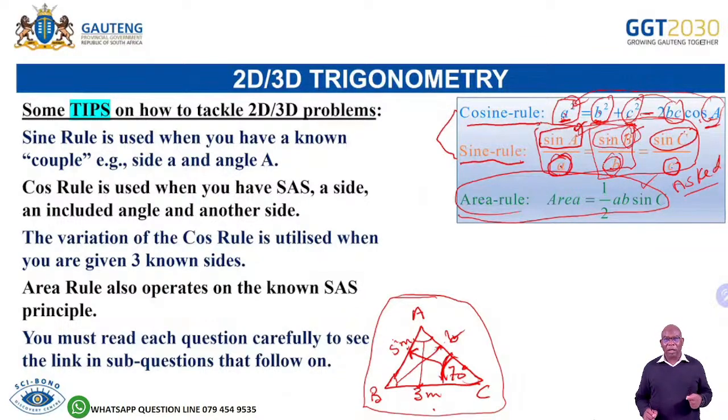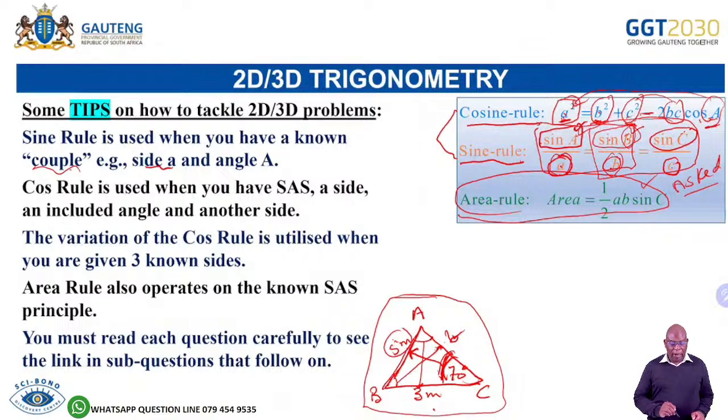So you always see when you say sine of P will be equal to the ratio of the sides. Okay. The sine rule is used when you have a known couple. So when you talk about the known couple, we're saying this one is a couple because the sine of C over small letter c is given.